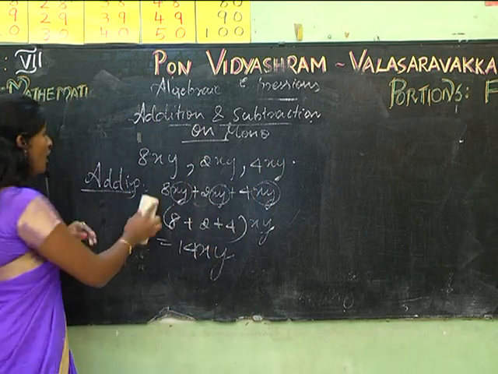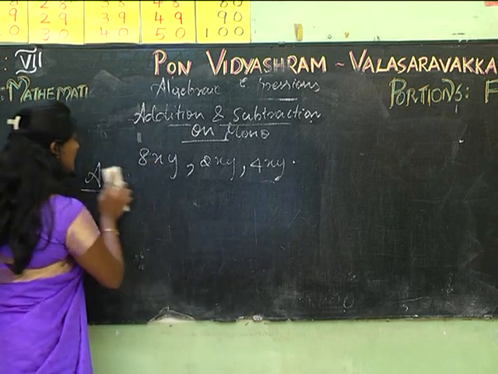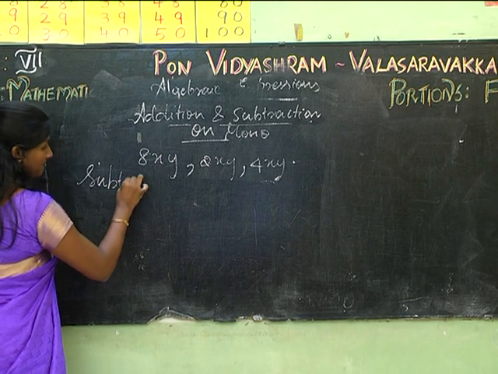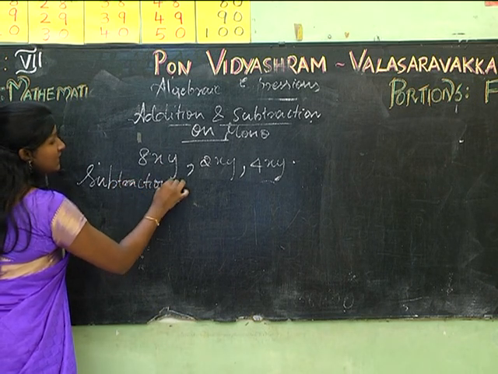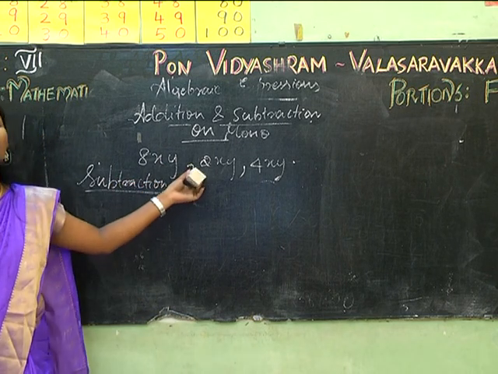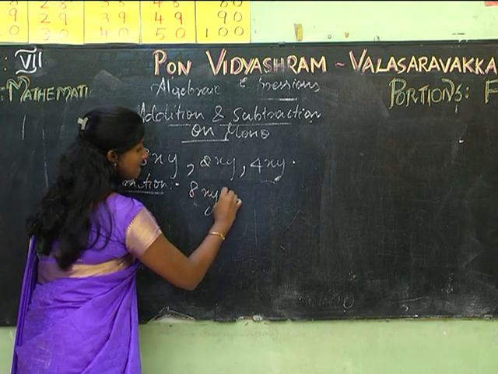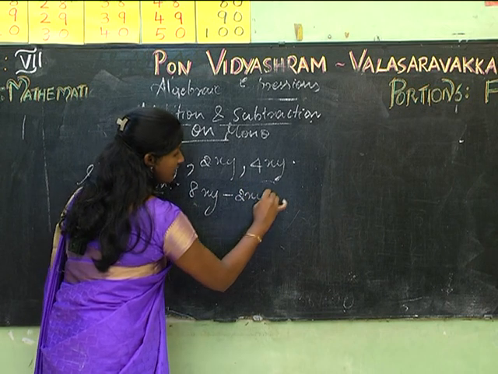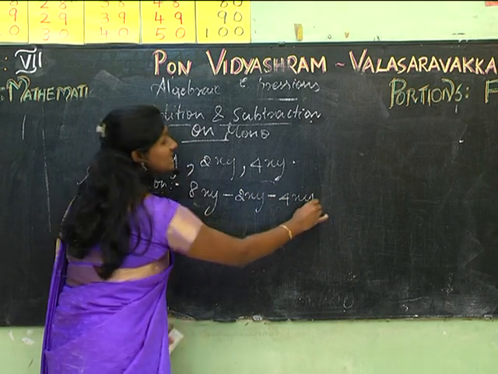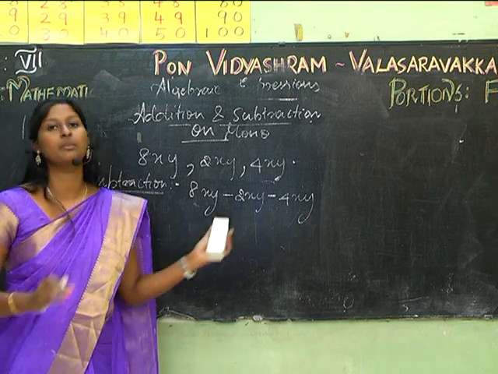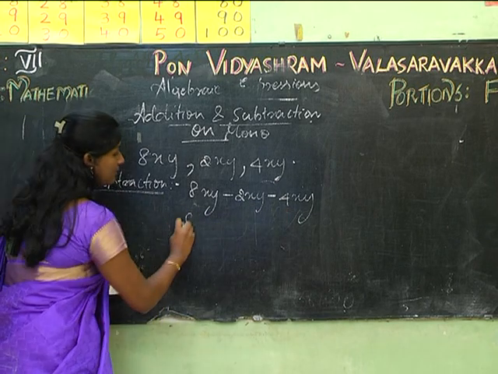And the next thing is subtraction on monomials. Let me consider the same expression. So how am I going to perform the subtraction? 8xy minus 2xy minus 4xy. In a similar way, xy, xy, xy are common here. So I am going to take that common outside the bracket.